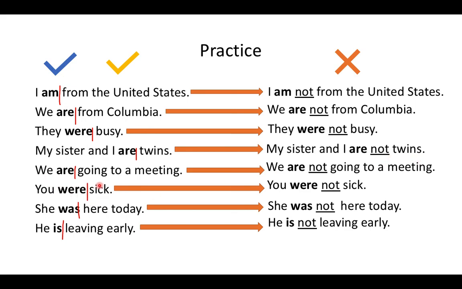We are going to a meeting turns into we are not going to a meeting. You were sick turns into you were not sick. She was here today turns into she was not here today. He is leaving early turns into he is not leaving early.